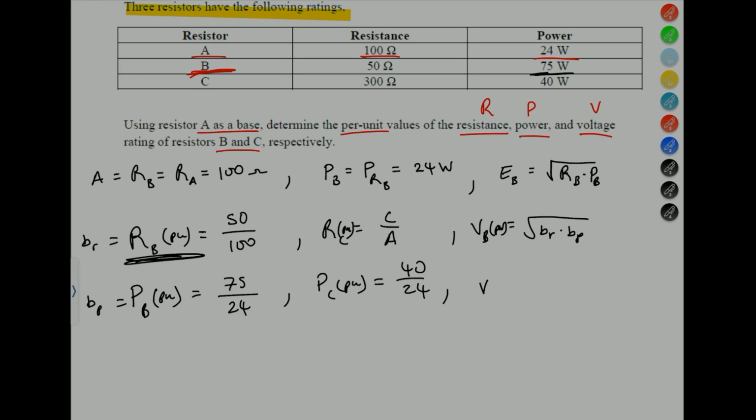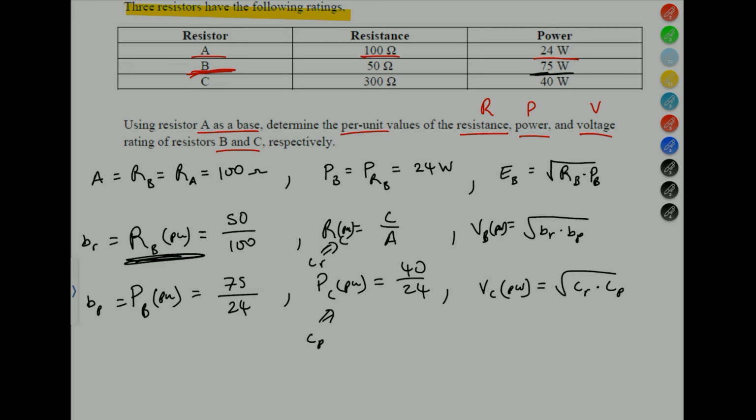Sorry to get you guys confused. Okay. And this will be VC per unit, which is equal to CR times CP. Man, isn't that interesting? And this is equal to CR.